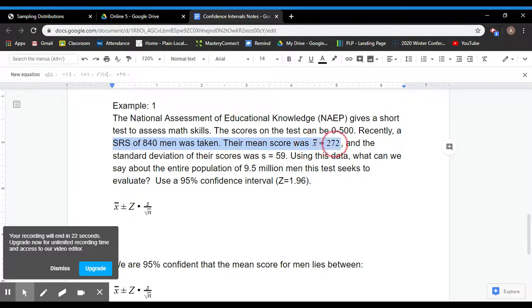Their sample mean, x bar, is 272, and the standard deviation of their scores was 59. Using this data, what can we say about the entire population of 9.5 million men? I want to find a 95% confidence interval on this.